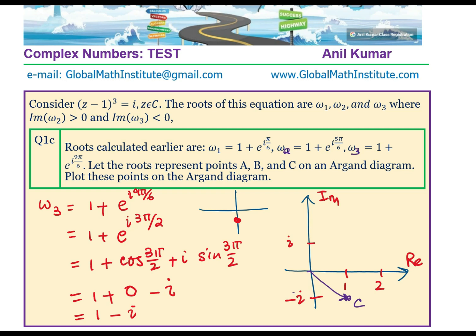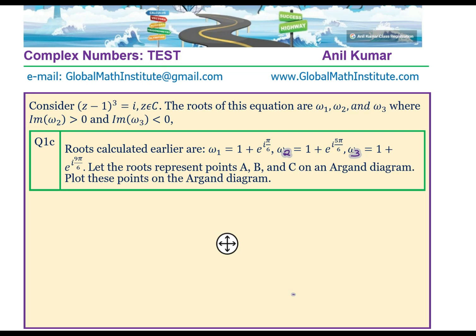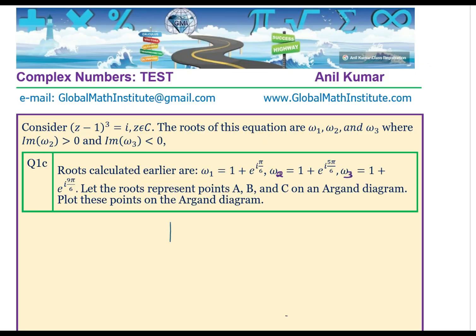So you see we have finally sketched all of them. If you want to do them all in one plane, you'll get it kind of like this. You need to calculate the values, that is it.